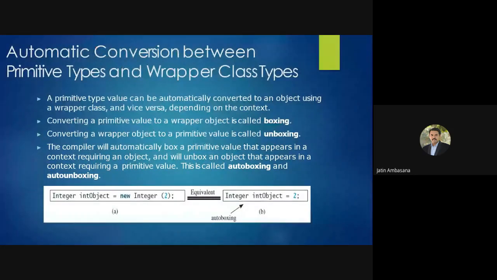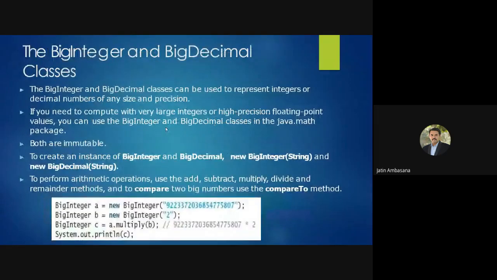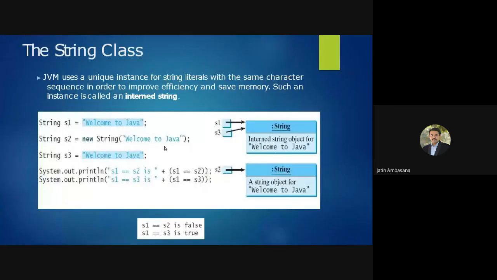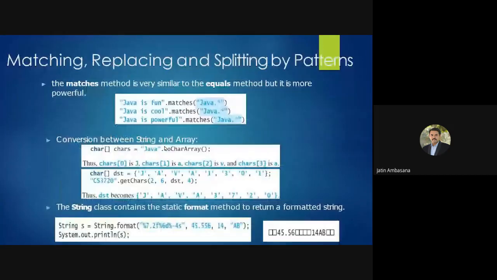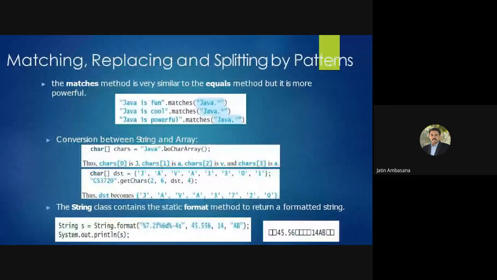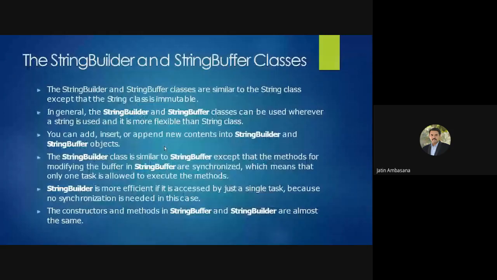We saw how to do automatic conversion between primitive types and wrapper class types, that is, autoboxing and auto unboxing. Then we saw the string class, which has various methods like replacing, splitting, formatting and so on. Then we saw the StringBuilder and StringBuffer classes, which are almost similar.